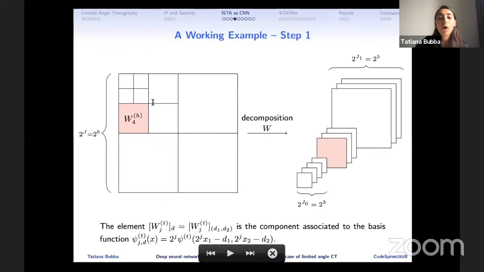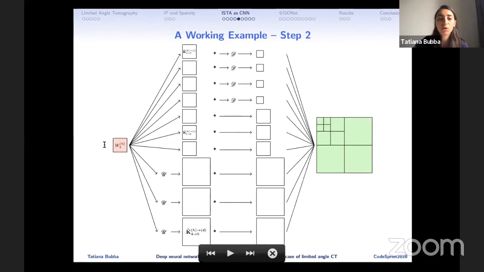So pick one of these, but I warn you that in our network architecture this will be repeated for each one of these subbands. We now pick this one, so J equal to 4. You divide into 3 cases: J prime equal to 3, J prime equal to 4, and J prime equal to 5. The easiest case, if you remember, is the case where J prime is equal to J. So what happens is that there is no downsampling, no upsampling.